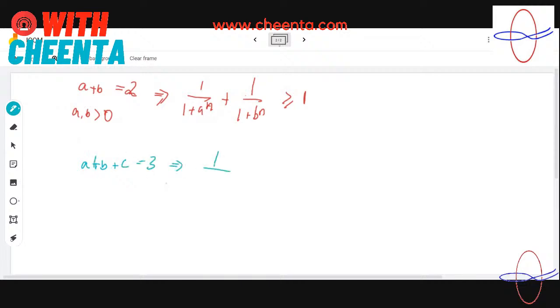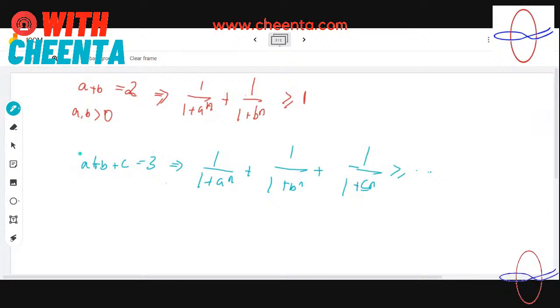We are trying to find the minimum value of 1 by (1 plus a to the power n) plus 1 by (1 plus b to the power n) plus 1 by (1 plus c to the power n). What will be its minimum value?